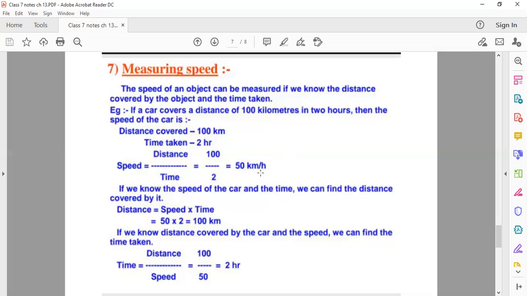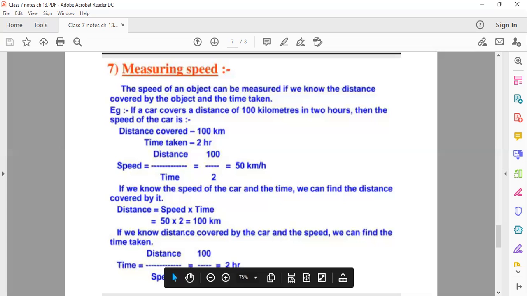I hope I am very clear with it. Now you have got the speed of the object, which is 50 kilometer per hour. In this question you already knew the distance and time and we found the speed of the car. On the other hand, if you have to find the distance and the speed and time are given, then how can you find it?